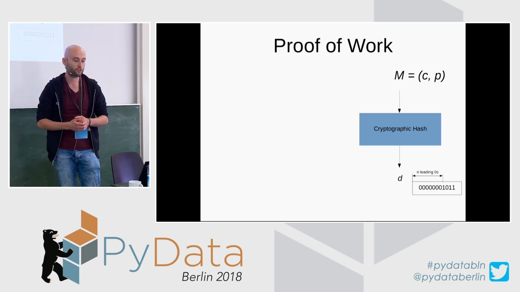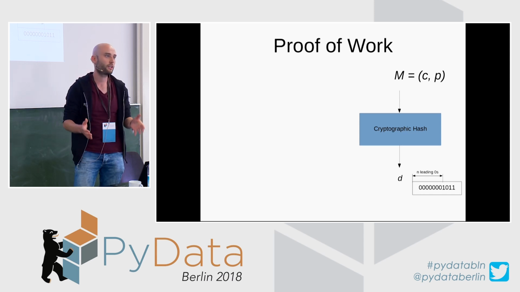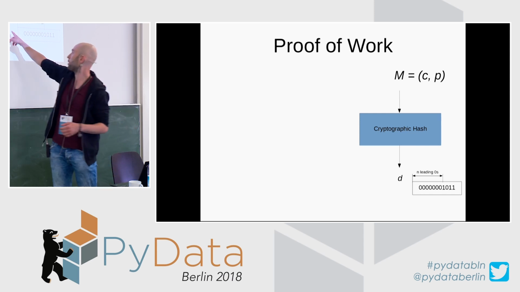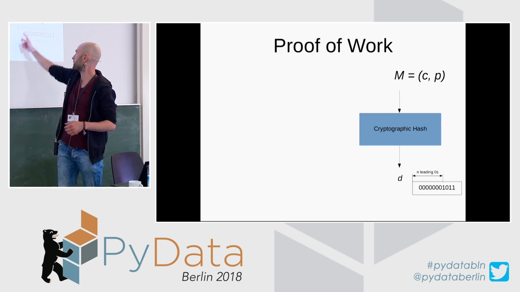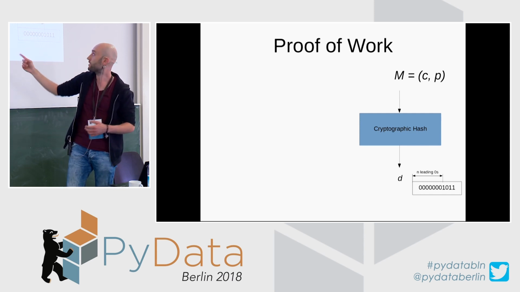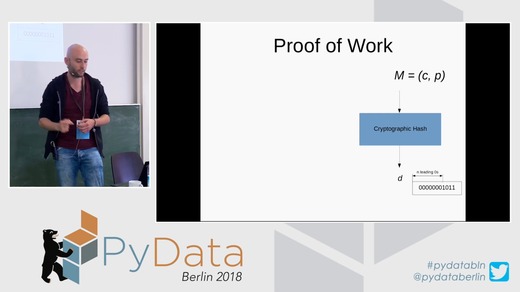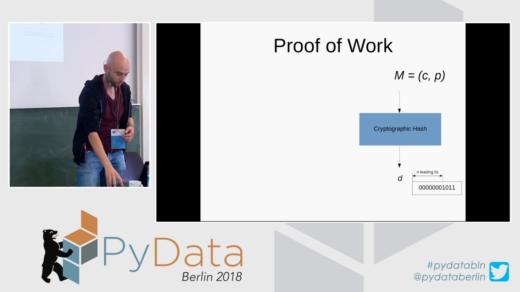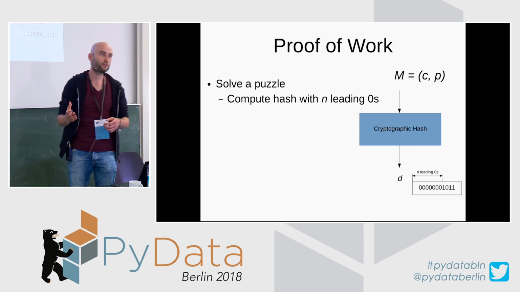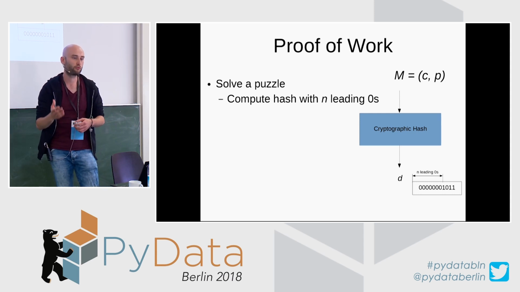And what is so beautiful about these cryptographic hash functions is that it's infeasible to actually revert this operation. So in order to come up with a D that has a particular shape, the only thing you can do is brute force, trying to guess different messages that you put into this cryptographic hash function. And actually, this is what miners have to do when they solve the proof of work.